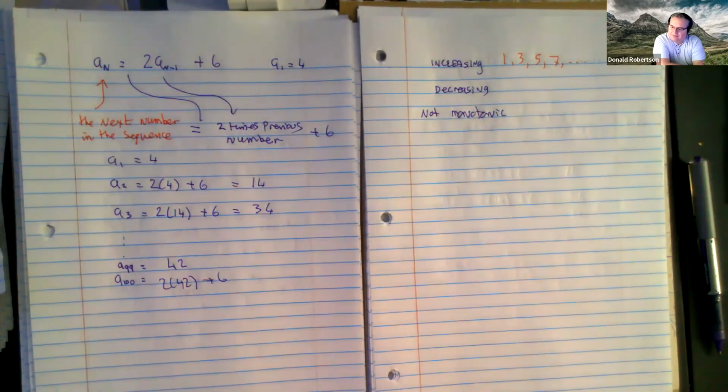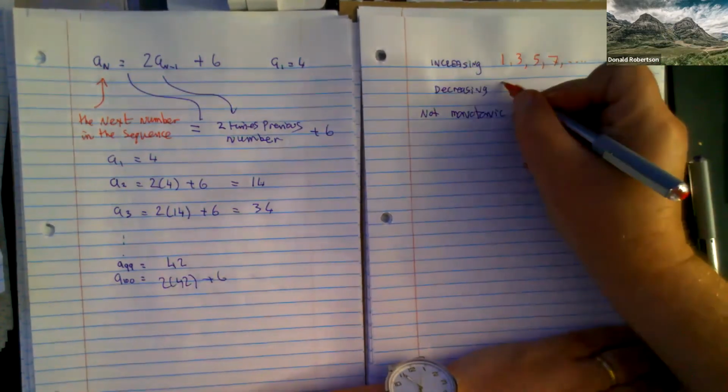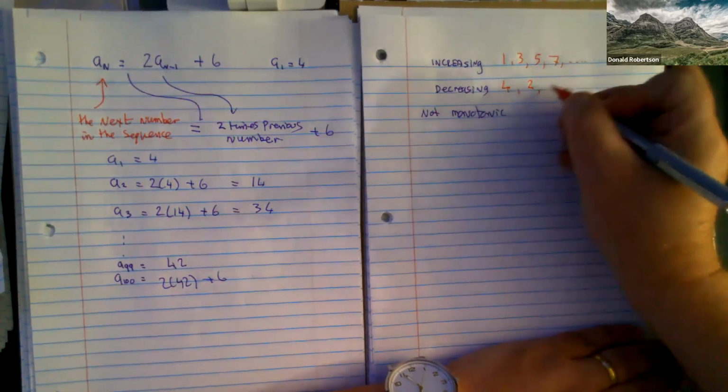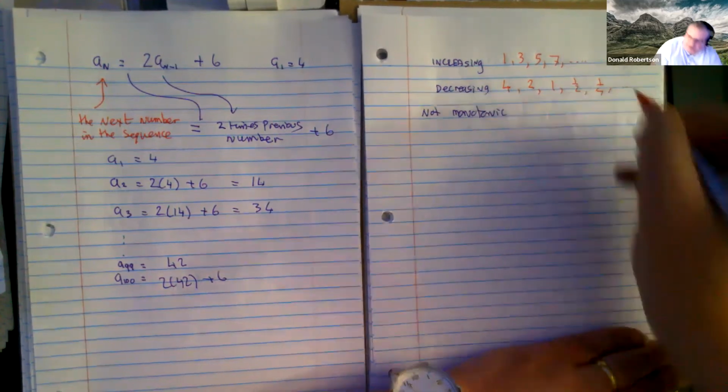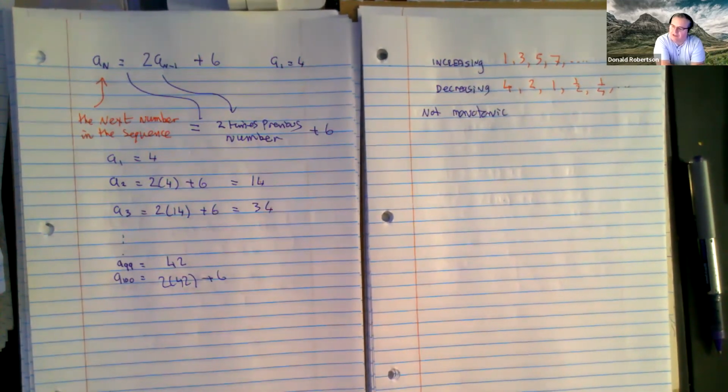The answers are getting bigger. A decreasing sequence could look like this. They're going downhill, right? They're decreasing. A not monotonic sequence is neither going up nor going down, but it's kind of going up and down and then maybe up and down again. It's kind of waving around.